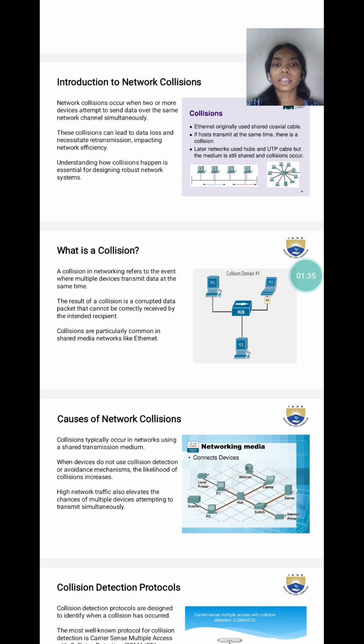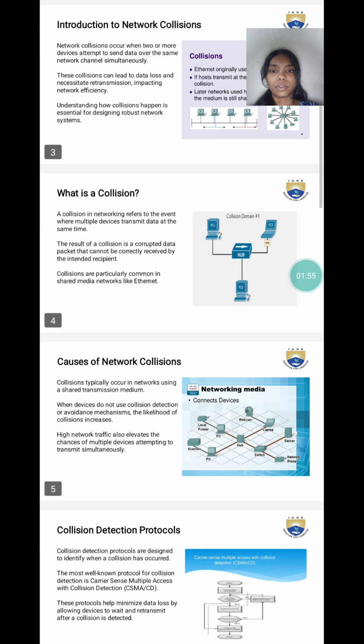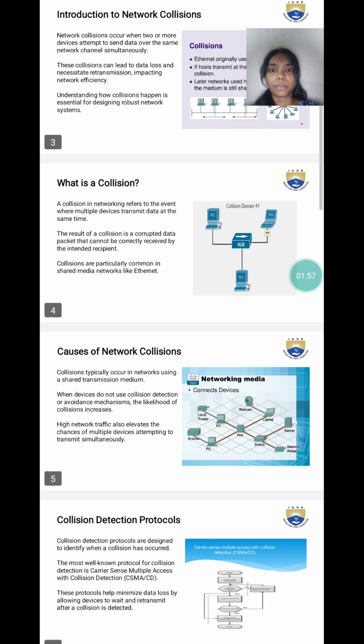Here, simply we can say that network devices attempt to transmit simultaneously. This causes a collision and leads to data loss. Understanding how collision happens is essential for designing resilient network systems. Now, what is a collision? A collision in a network refers to the event where multiple devices transmit data at the same time.